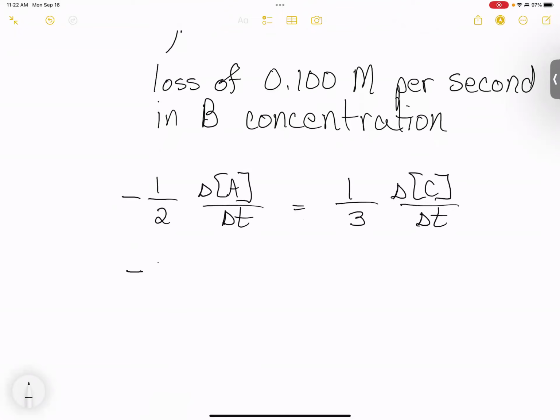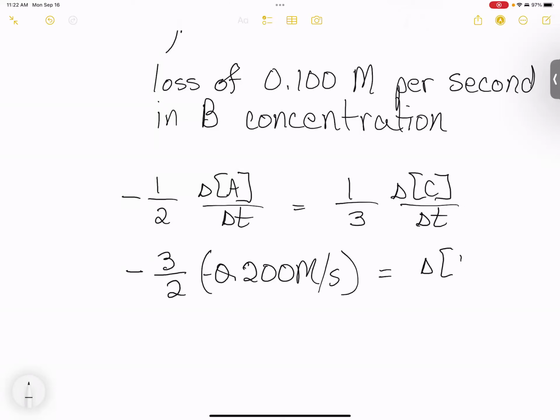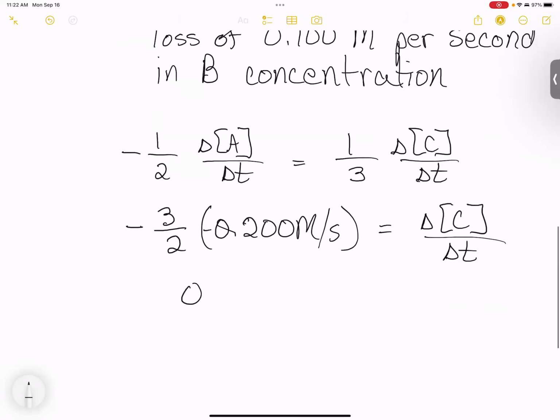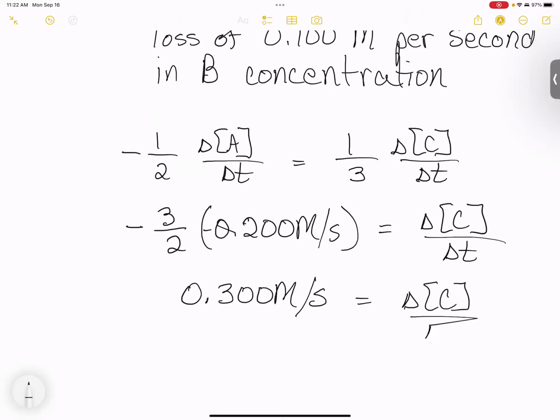So it would be a -3/2 of a -0.200 molar per second would be equal to our change in C over change in time. So it'd be 0.300 molar per second would be our change in C concentration over a change in time. If I did this correctly in my head.